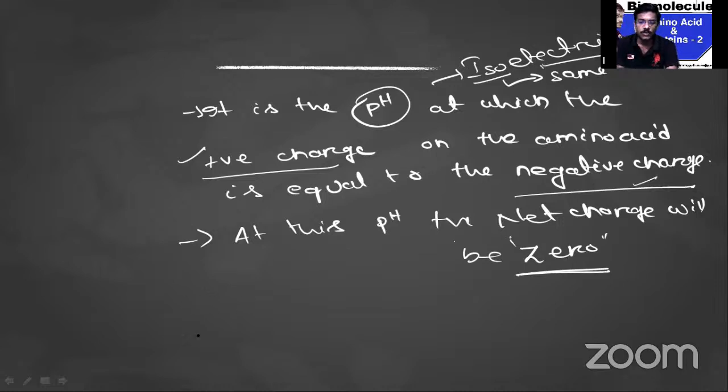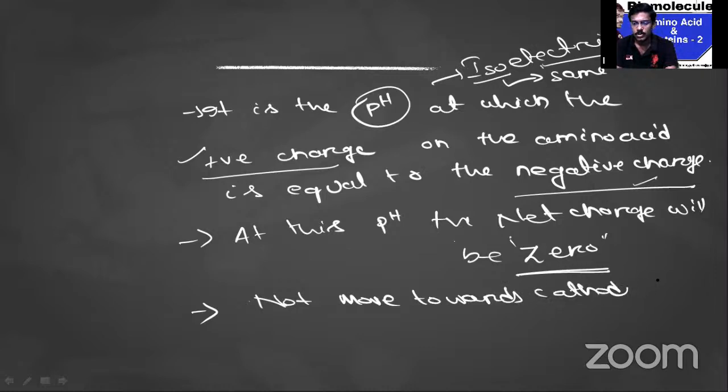Hence, if we put this form of the amino acid in any medium, it will not move towards the cathode or anode, because the net charge is 0.